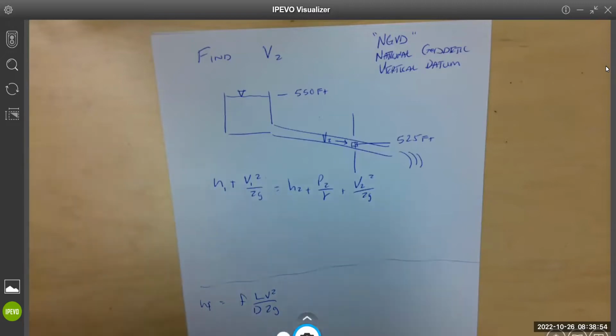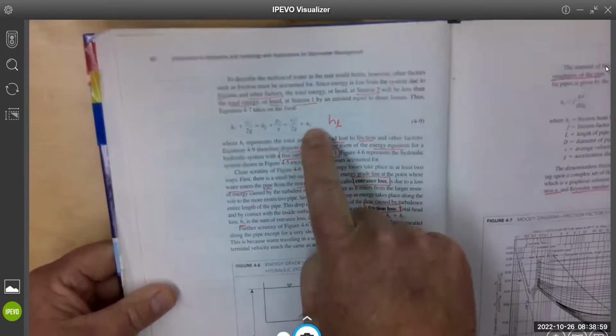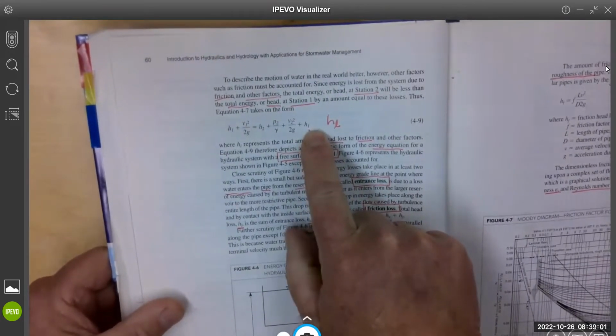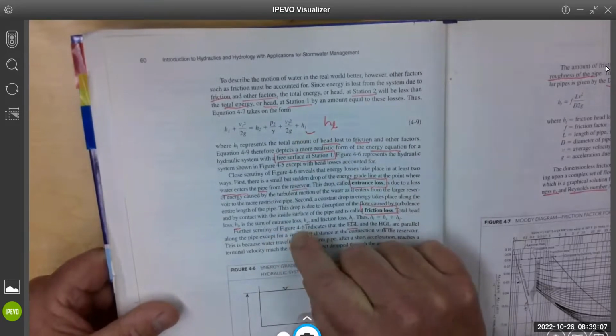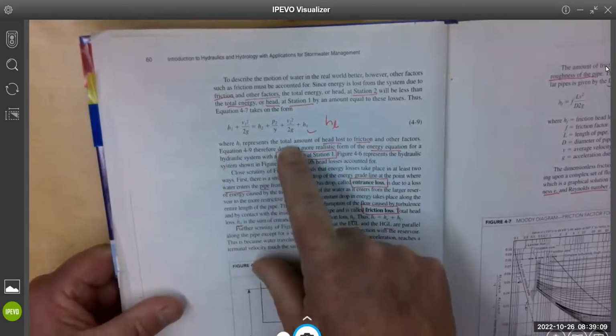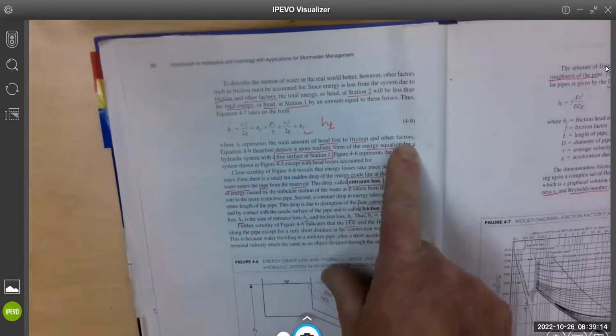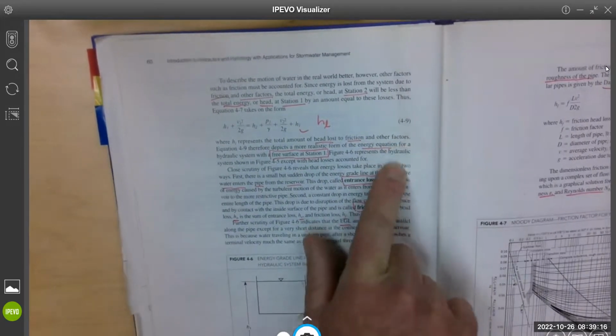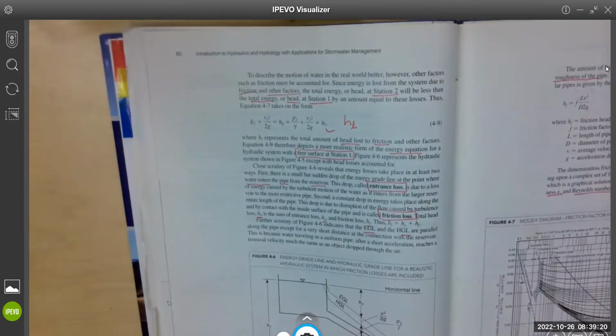All right, so the more complicated version adds friction losses. So that is an H sub L. This H sub L is going to represent head loss due to friction and other factors. Other factors can be like entrance losses.